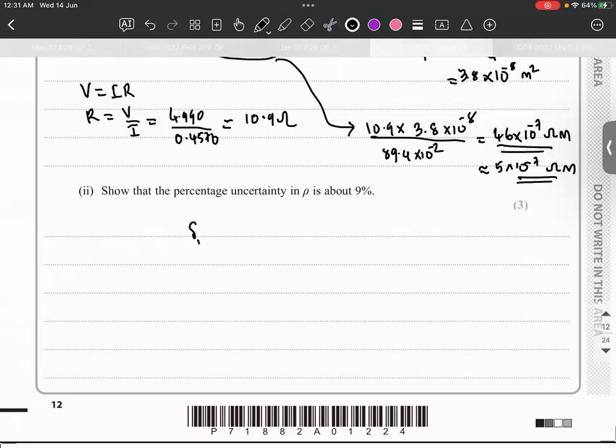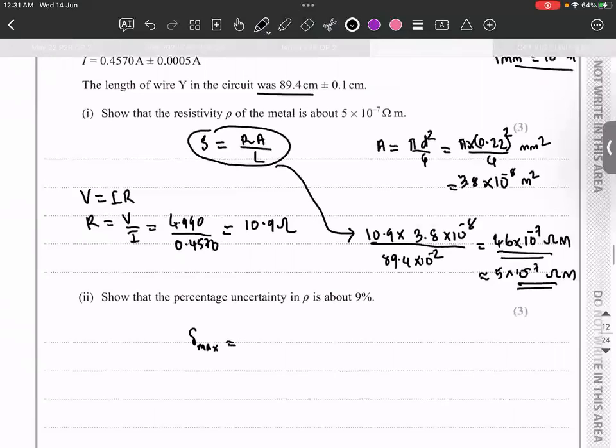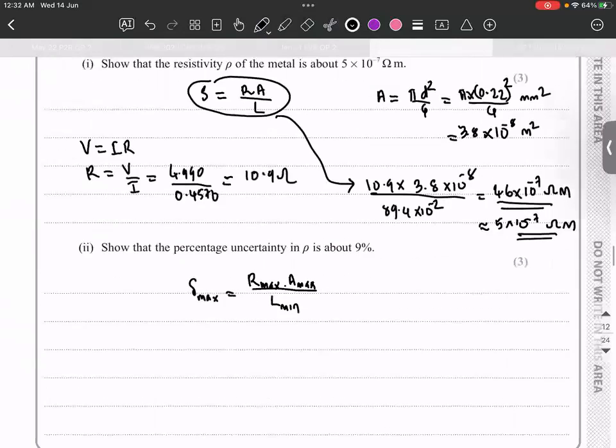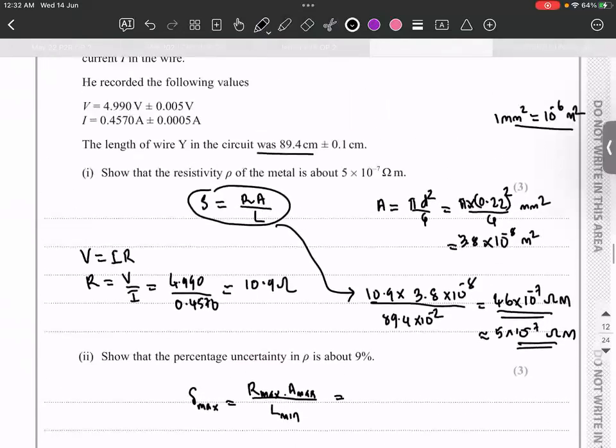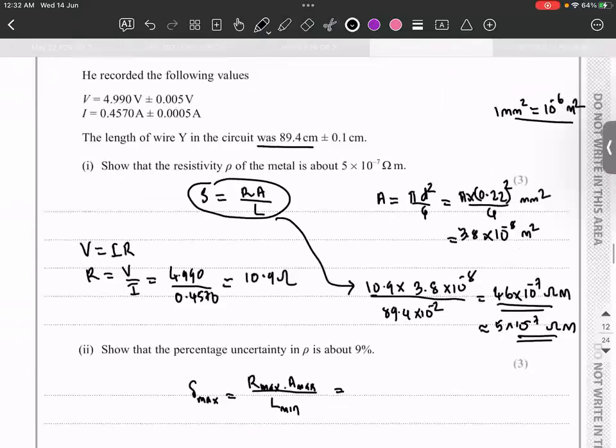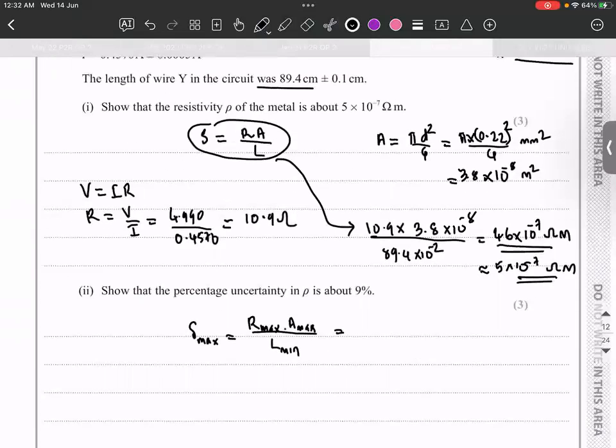So we need to find the percentage of uncertainty. First you find the maximum value of the rho. If you want to find the maximum value of the rho, we should take the maximum value of the resistance times the maximum value of the area, divided by the minimum length. The maximum resistance, the general resistance is 10.9, right?